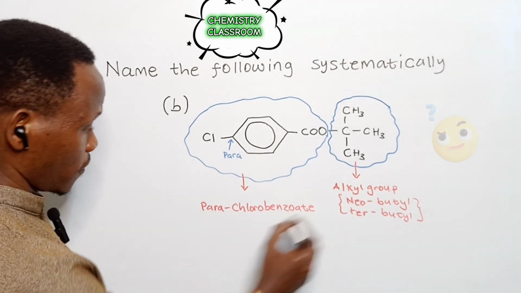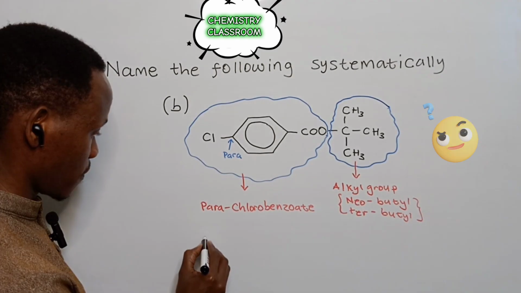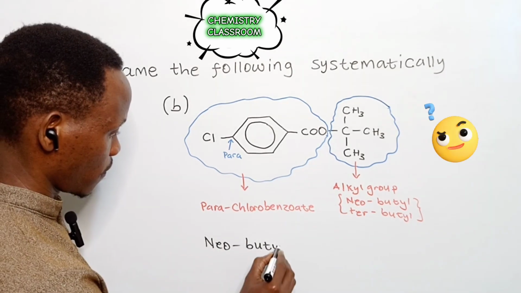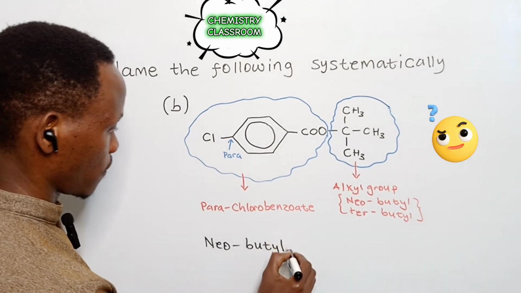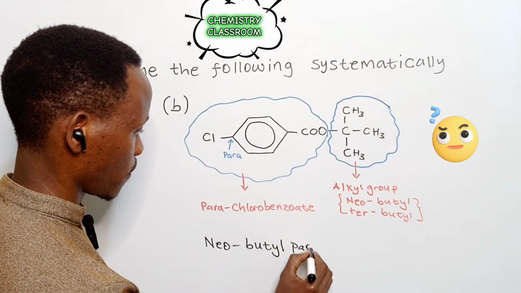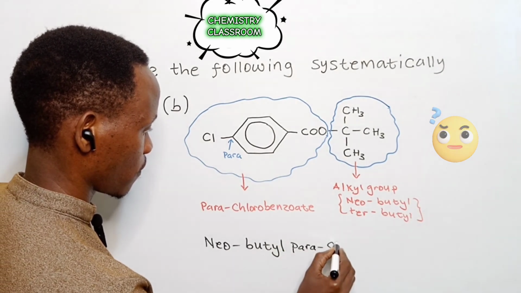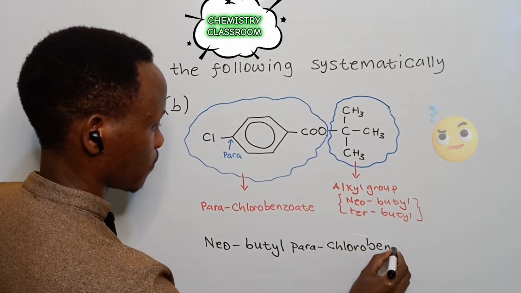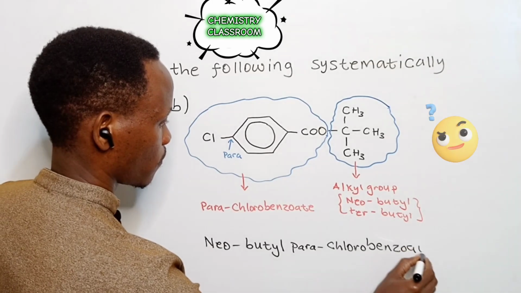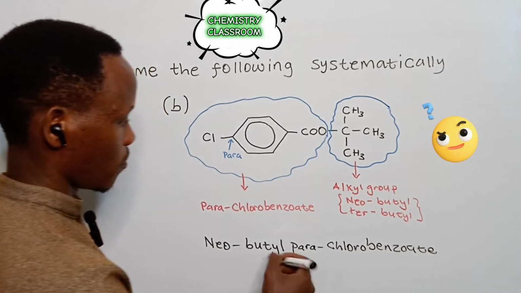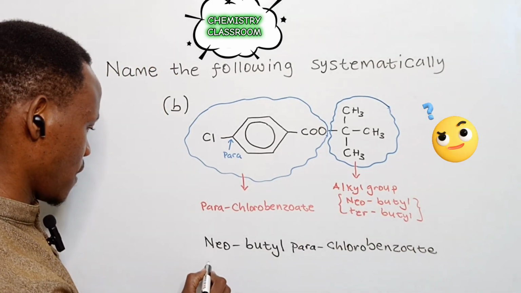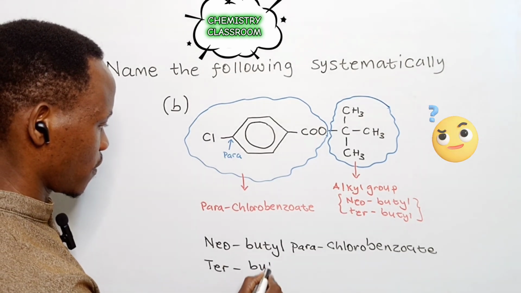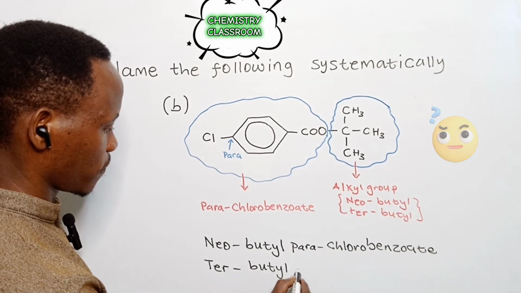So, starting with the alkyl group, the name is neobutyl, and the other part, or by using the other version of the alkyl group, which is tertiary butyl.